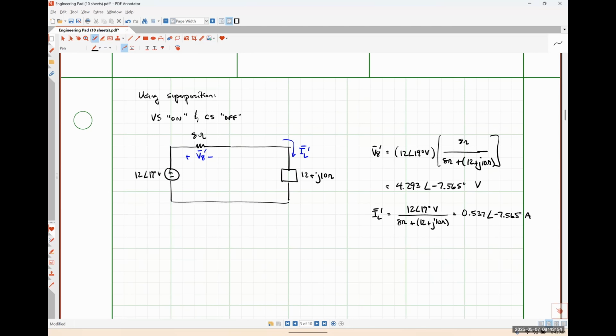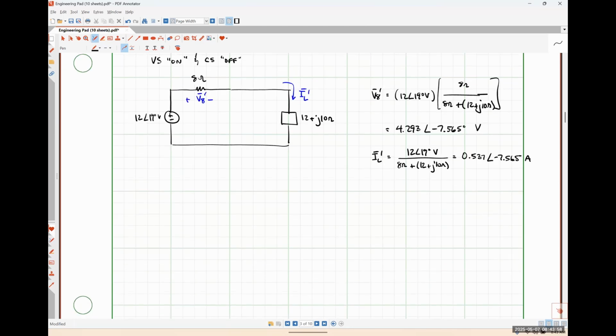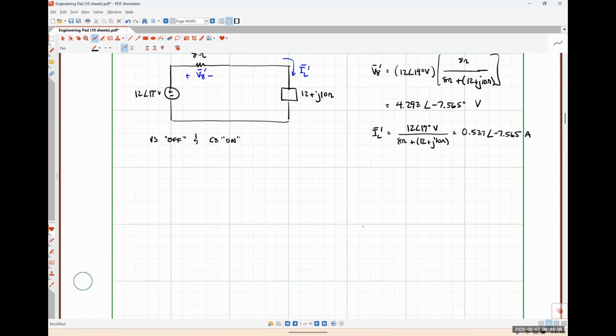All right, so now let's work this guy with the current source on and the voltage source off. So here's my off voltage source. Here's my 8 ohm resistor. Here's my current source.